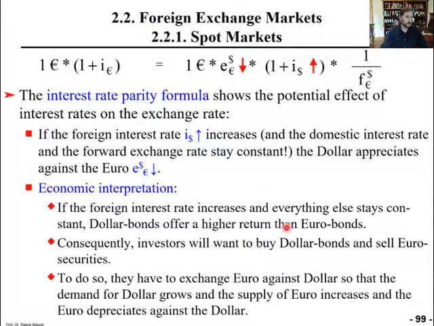Now the economic interpretation is: if the foreign interest rate increases and everything else stays constant, dollar bonds offer a higher return than euro bonds. Consequently, investors will want to buy dollar bonds and sell euro bonds. To do so, they have to exchange euro against dollars so that the demand for dollars grows and the supply of euro increases, and the euro finally depreciates against the dollar.